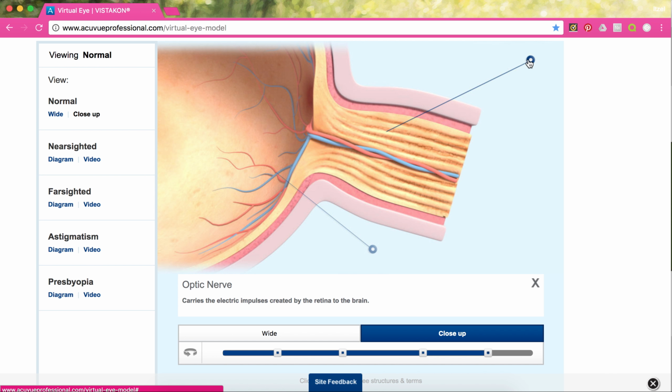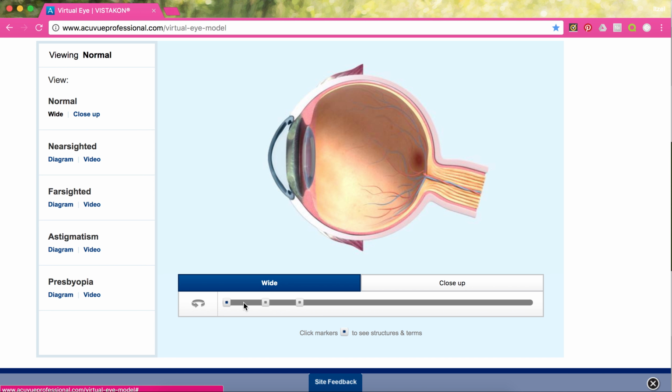We're going to go ahead and go into a wide view. So in our wide view, we have something called the vitreous humor. This is a clear jelly-like substance that fills the posterior segment of the eye, behind the lens, excuse me.